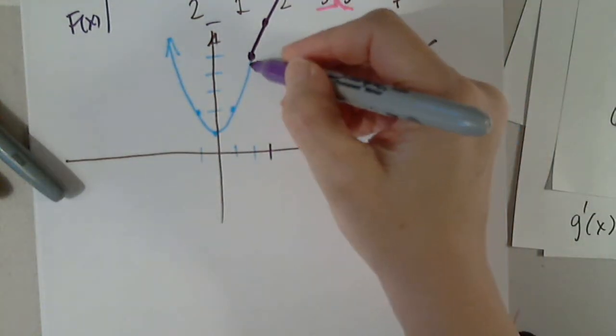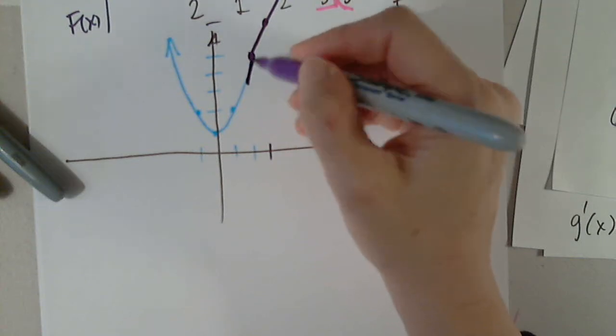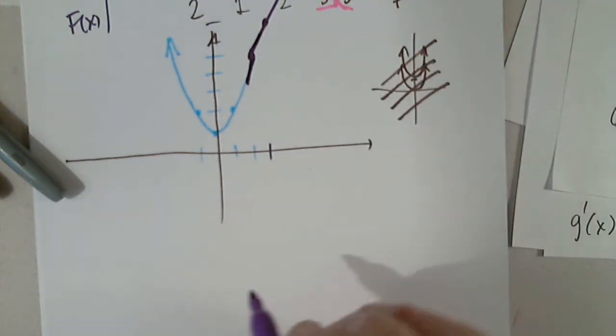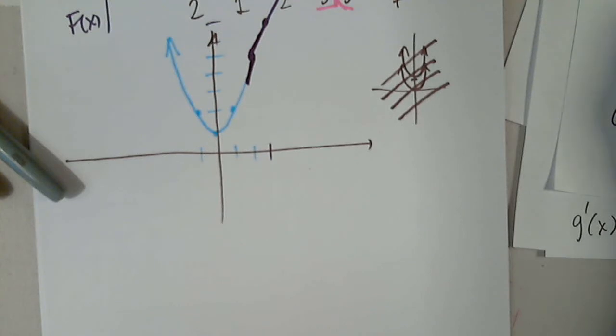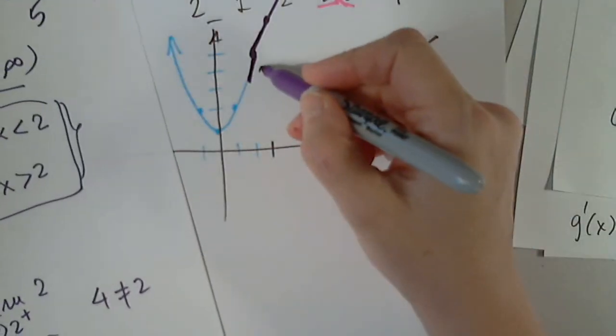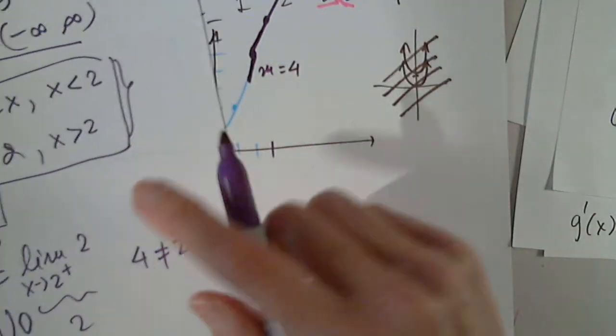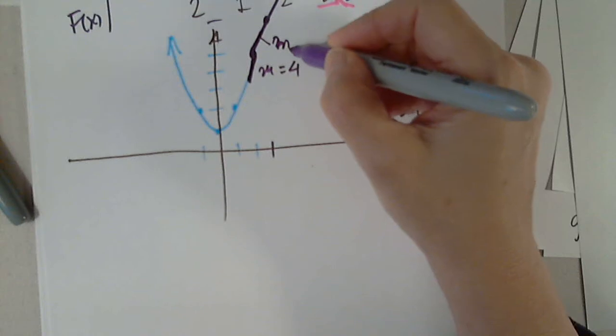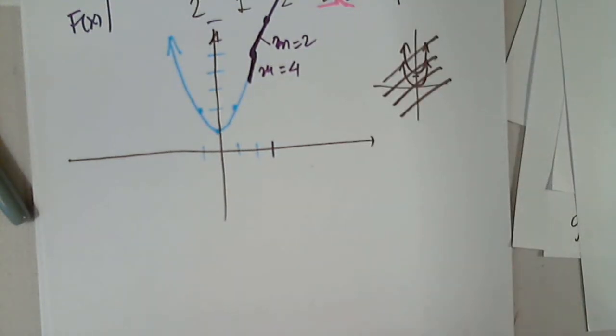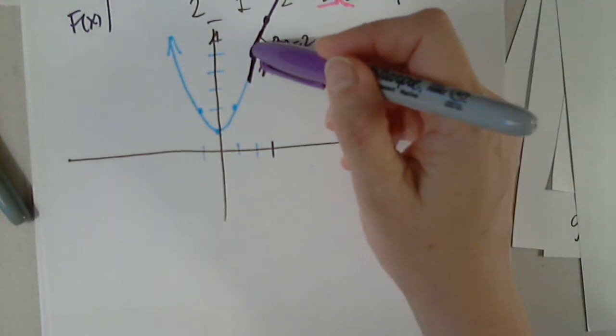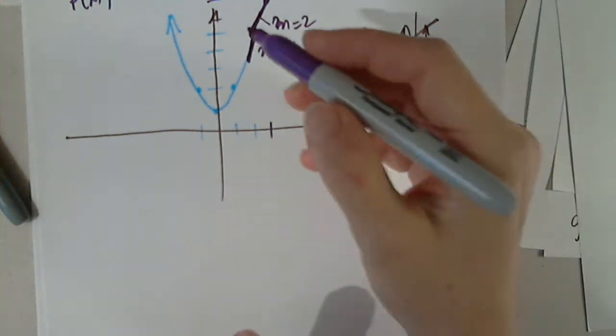As you see, there is a tangent here and a tangent here, and they're not the same. This one has slope equal to 4, and this one has slope equal to 2. That's why there are two tangents, and this is a so-called corner.